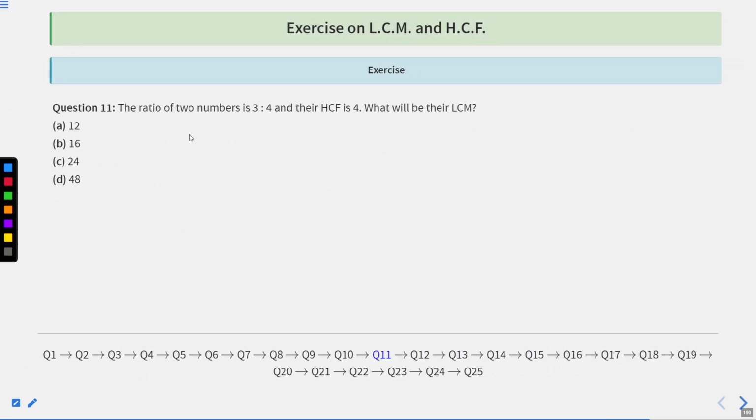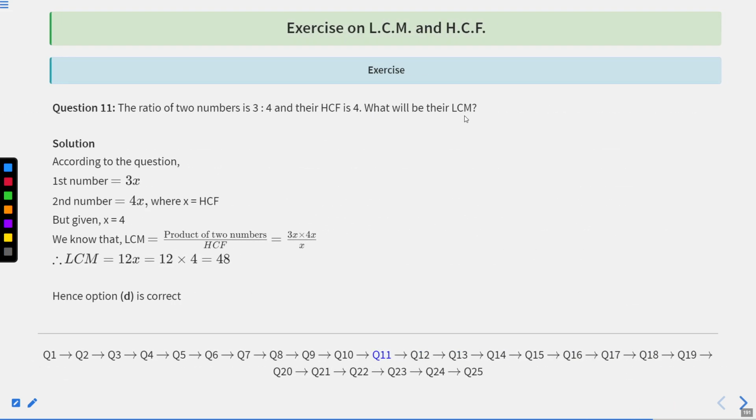Question number 11. The ratio of two numbers is 3:4 and their HCF is 4. What will be their LCM? So according to the question, first number equal to 3x, second number equal to 4x, where x is equal to HCF.